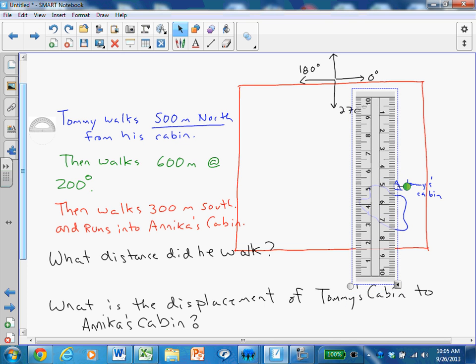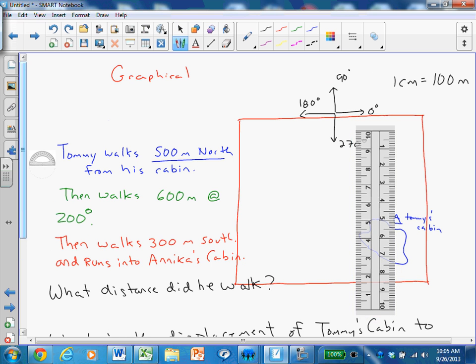Because 500 meters, our scale is 1 centimeter, 100 meters is 1 centimeter. So that's going to give us 5 centimeters. So that first walk goes like this.